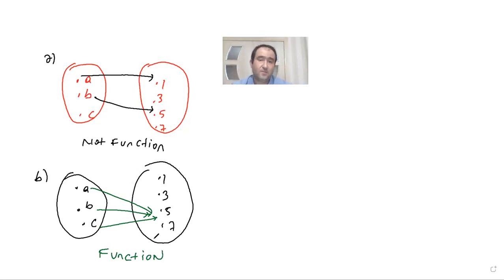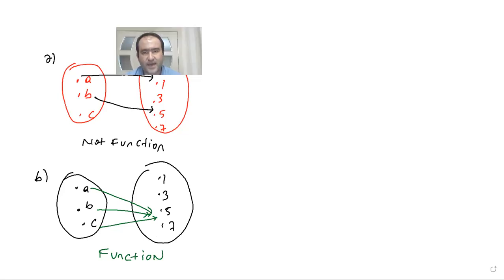Think about my imagination, children and mothers, okay? Child A has mother 5. And B is a child of 5. And C can be a child of 5. It's normal. So it's a function, okay?